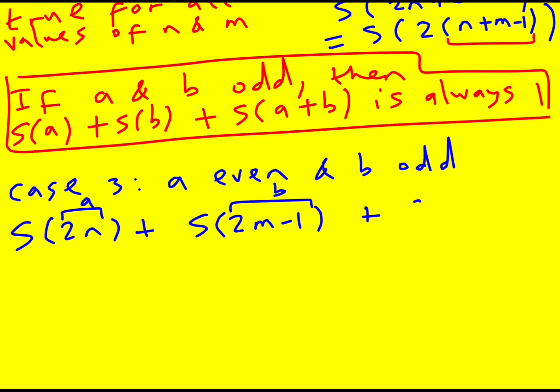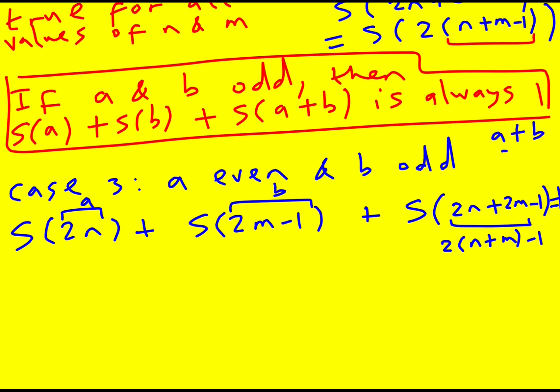plus S of, I'll write it in full, 2n plus 2m minus 1 equals 1. But this thing here, by the way, this is A plus B. This thing is going to be 2 lots of n plus m minus 1. Clearly, I should have said A plus B is also going to be odd.